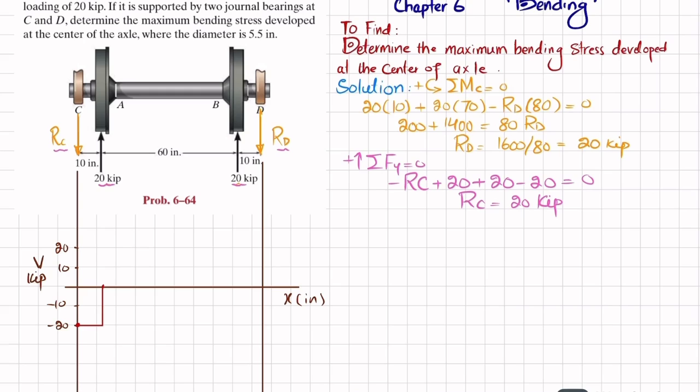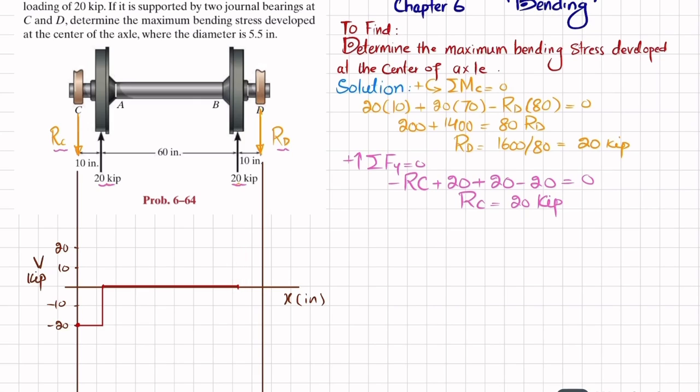Now moving from point A till point B, there is no other shear force, so it will remain horizontal till this. Clear? And we will get a straight line that will be 0. At point B we have plus 20, so 0 plus 20 will bring it to plus 20.